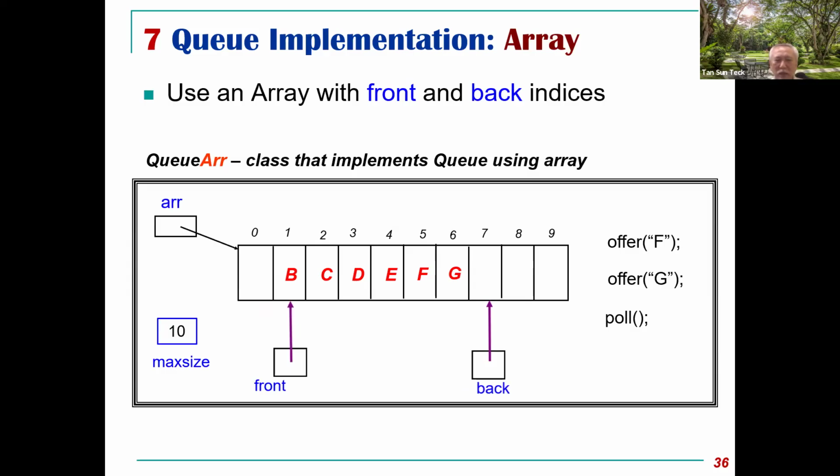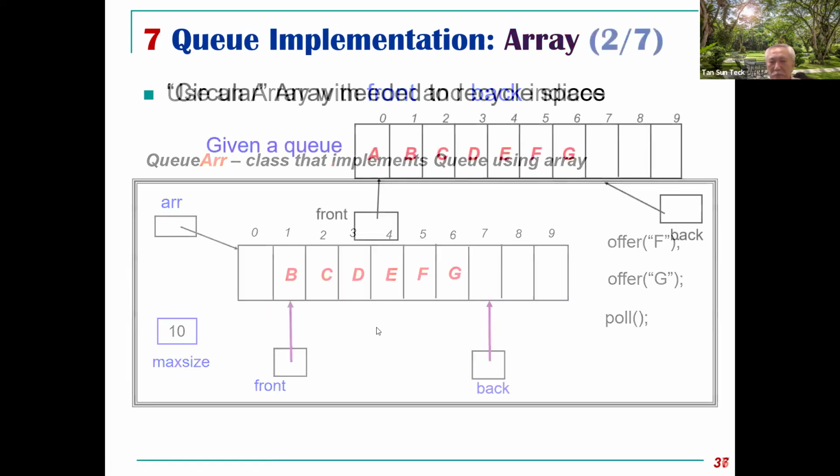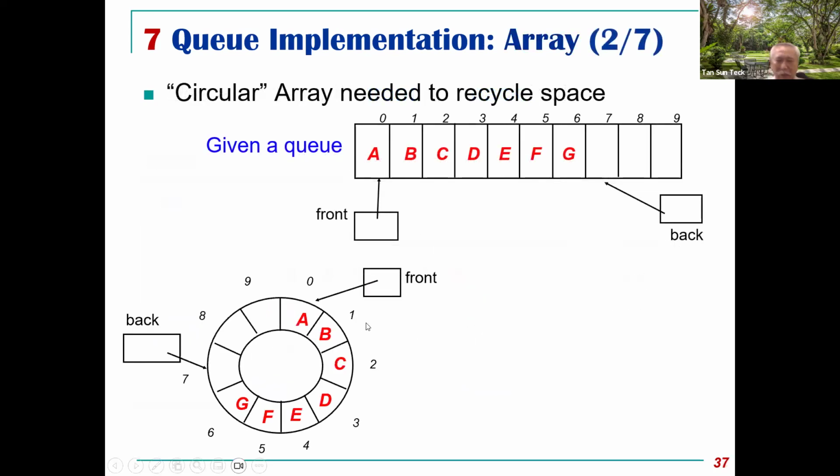So sometimes we do not need to physically remove the element. You just indicate it, because the front is pointing to the first element, so this element is assumed to be deleted already. Right, so as I was trying to say just now, eventually, when you move the back and the front pointer toward the end of the array, you are going to find the situation where in front you still have spaces, but behind are all filled up.